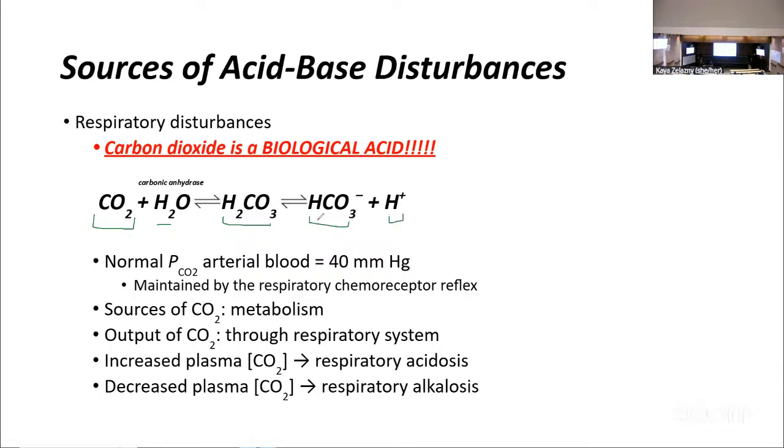And we now know that we want a ratio of 20 bicarbonate to 1 carbon dioxide. So when you turn carbon dioxide into a hydrogen ion and just 1 bicarbonate ion, the net effect you're going to see is an increase in acidity from that hydrogen ion.